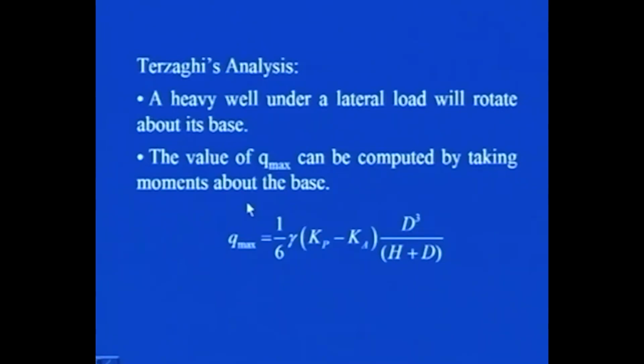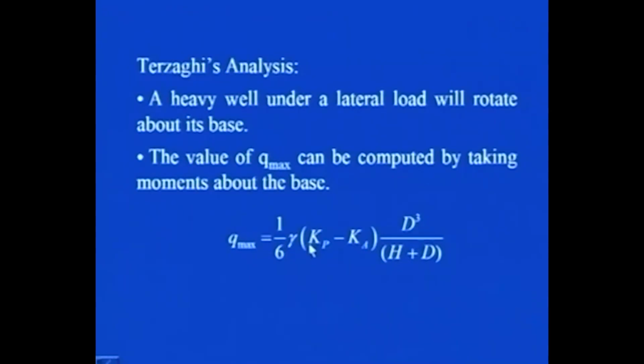You do not require d1, which was unknown in the earlier case; in this case it will be known. So, if you take the moment equilibrium equation about the base, you will obtain this particular expression for q max, which is 1 by 6 gamma (Kp minus Ka) d cube upon (h plus d).